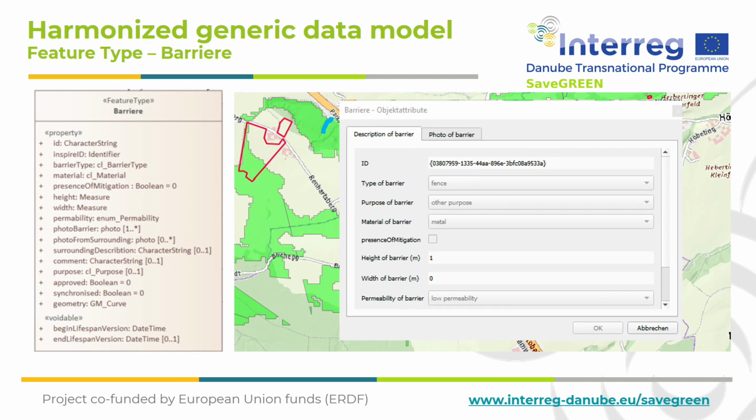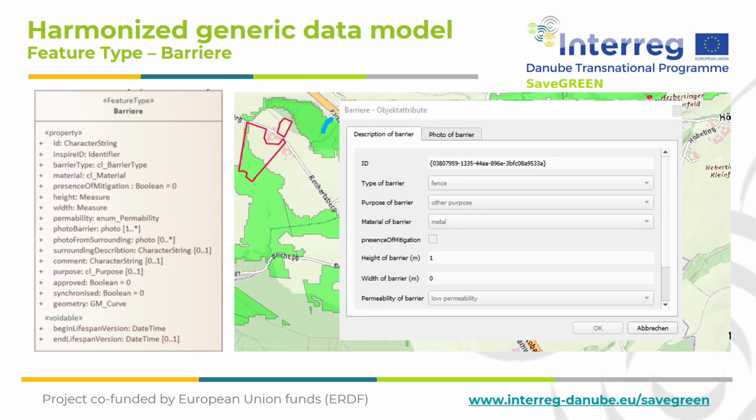By barrier, is it a fence or is it the road as well without fencing? We have this code list barrier type, and there is a list of barriers, a fence for example, or let's have a look at the code list. Code lists are always not complete, so this code list can be extended.